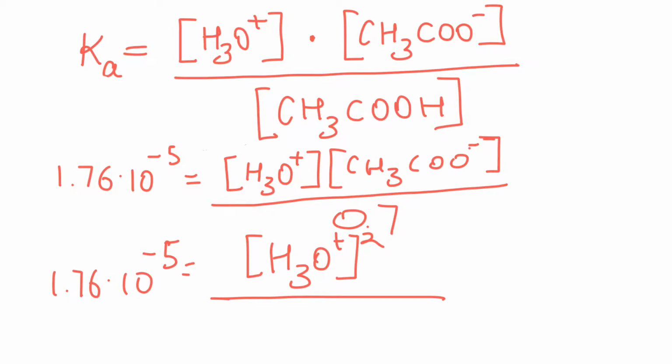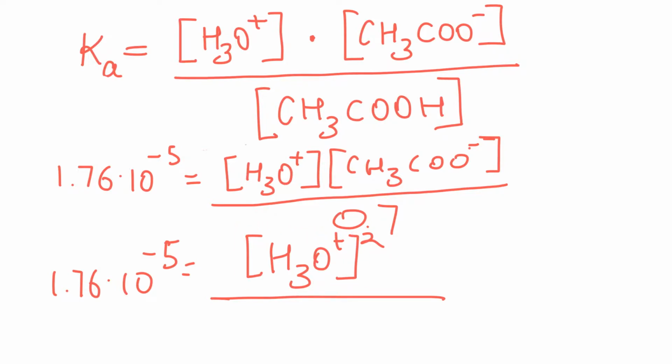I'm allowed to do that because I just explained to you that the concentration of my hydronium ion is the same as the concentration of my acetate ion. And so whenever you write an equation that involves the dissociation constant, you will always end up with the square of the hydronium ion.